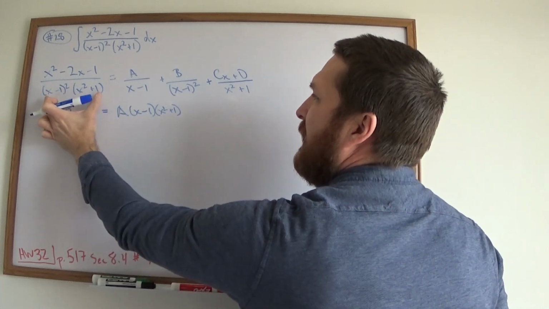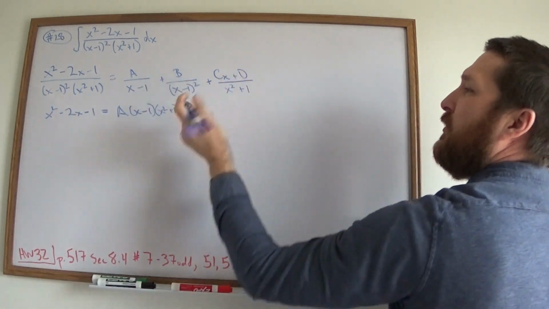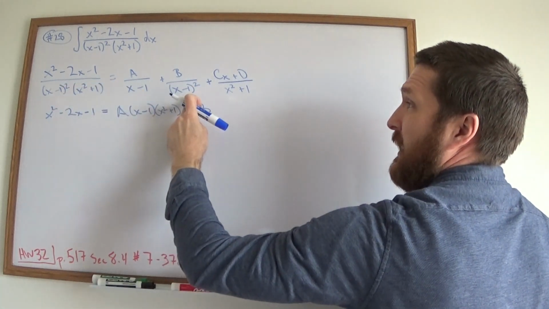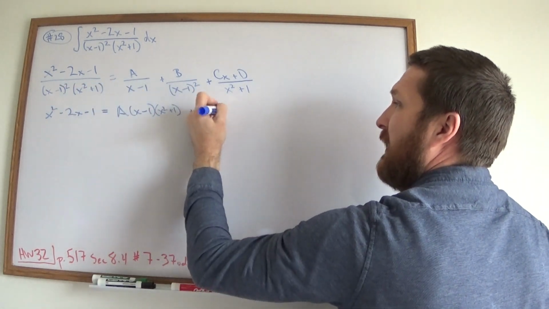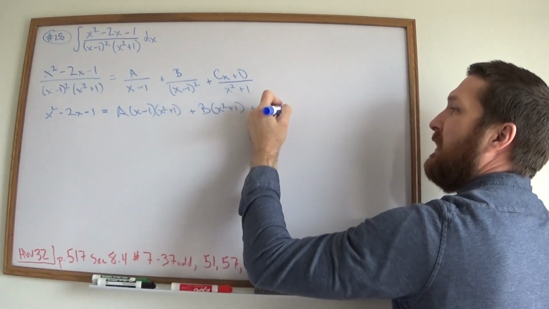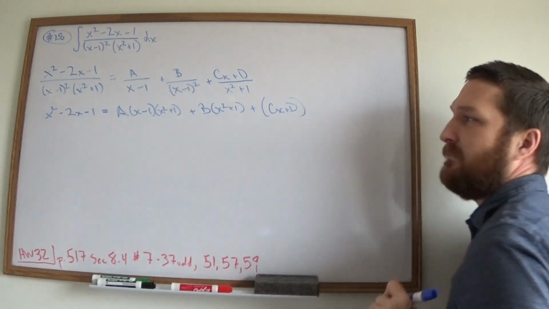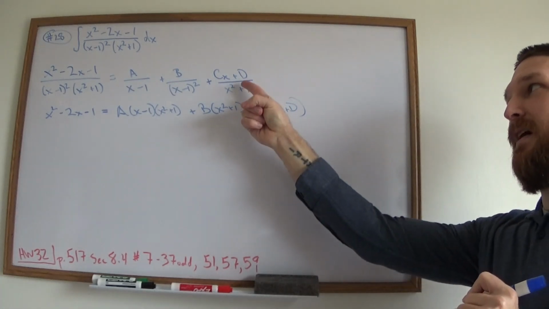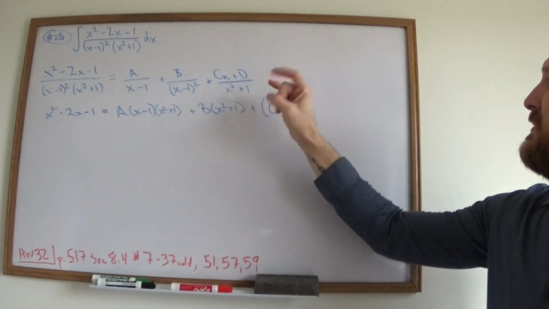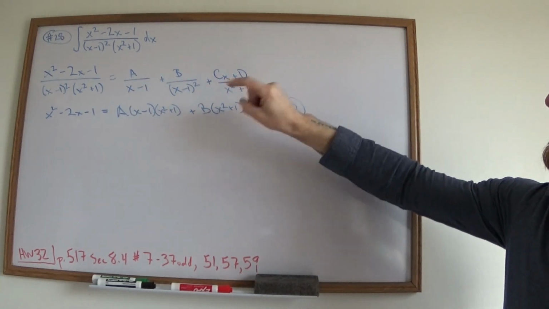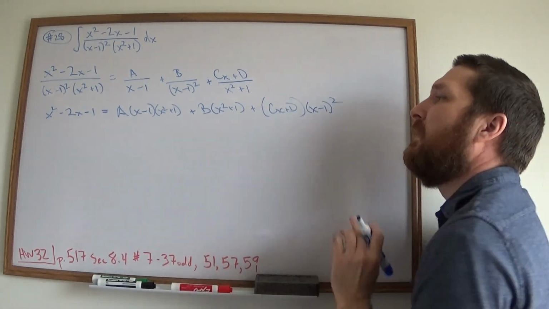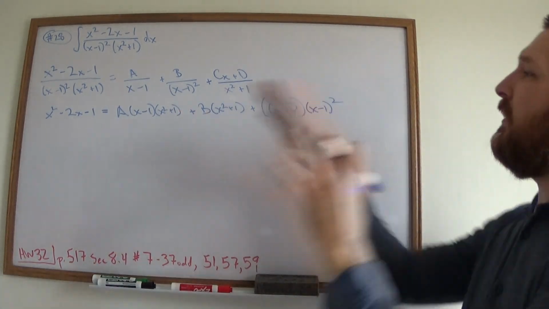Same thing, bring it upstairs, and we're going to have a B. Both of them are going to cancel, but I'll be left with an x squared plus 1. Now here's the hard part: don't forget your parentheses here. We bring those both upstairs, the x squared plus 1's cancel, and I'm left with an x minus 1 squared. Now the book says multiply all of this out.